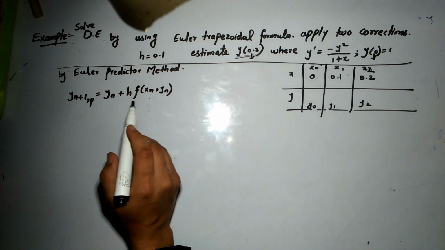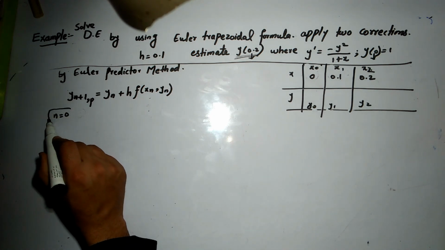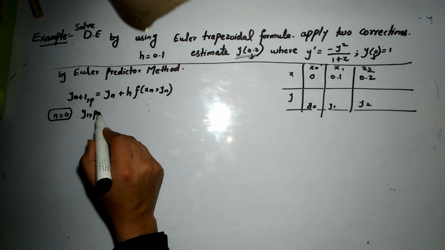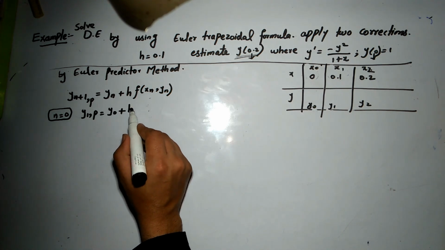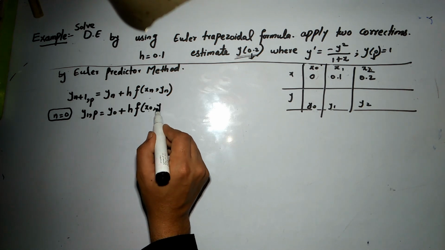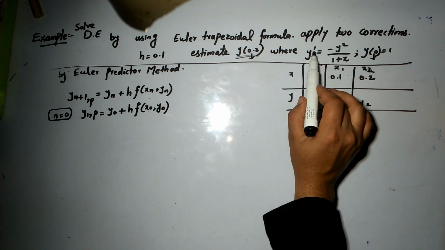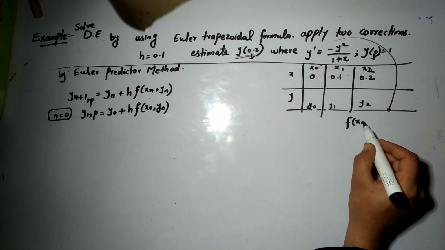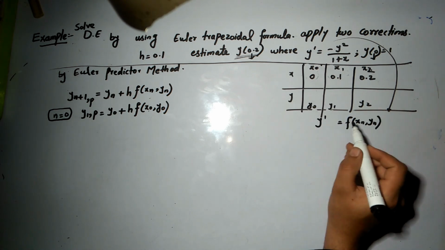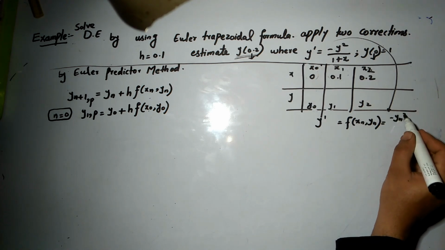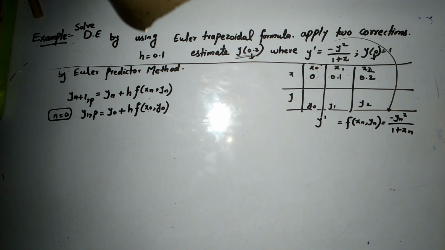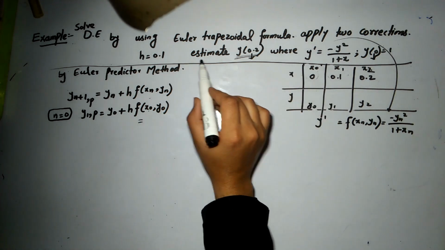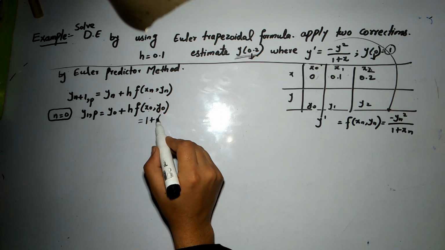If I write n is equal to 0, this formula will become y(1)p = y(0) + h f(x0, y0). Here f(x_n, y_n) is y dash, which is equal to minus y_n squared over 1 plus x_n. So y(0) is equal to 1, h is equal to 0.1.